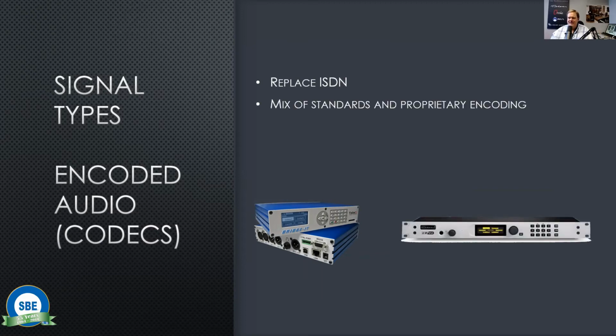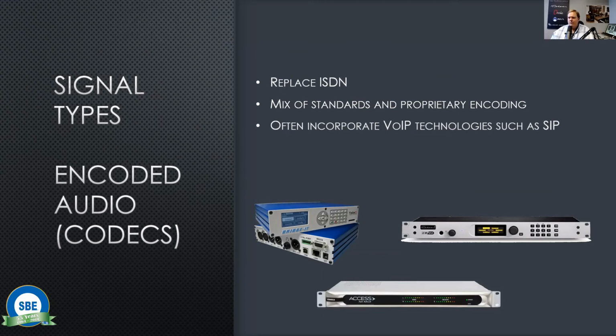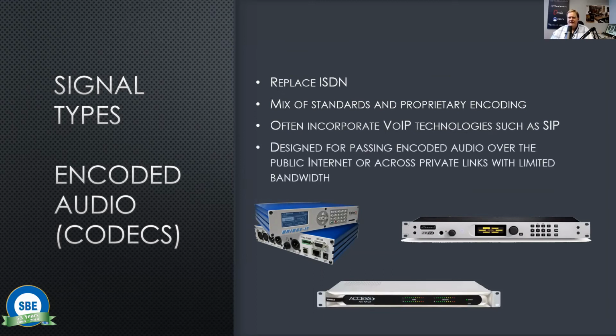They use a mix of standards and proprietary encoding, and they often incorporate some VoIP technologies such as SIP. They're designed for passing encoded audio over the public internet or across private links with limited bandwidth. So you generally wouldn't use this type of encoded audio within your studio facility itself. It's more for external site-to-site links like an STL or a remote site, remote broadcast and so on.